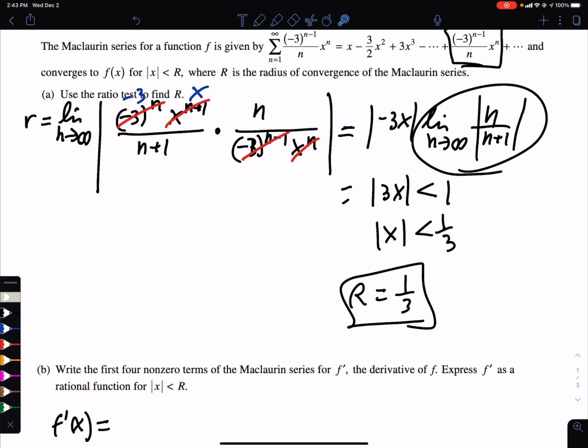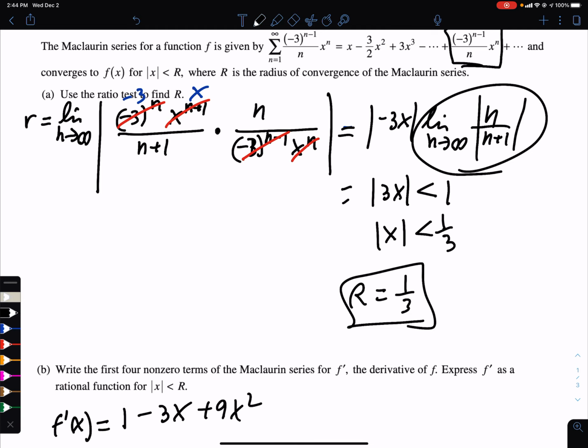So the derivative of x is 1, so I'm going to put a 1. The derivative of that is going to be negative 3x, so I'm going to have minus 3x. The derivative of that one will be 9x squared.